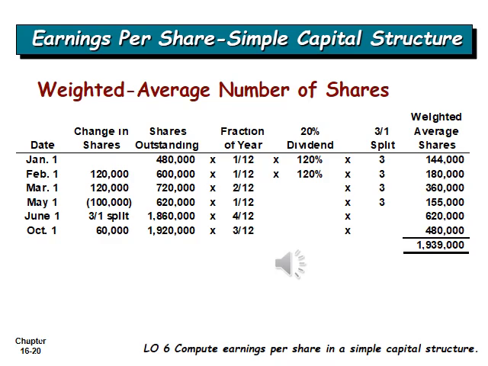Let's take the first line to explain the idea. On January 1st, we have 480,000 shares outstanding before February 1st. So this is 1 month, just 1 month. So we multiply 480,000 times 1 over 12.